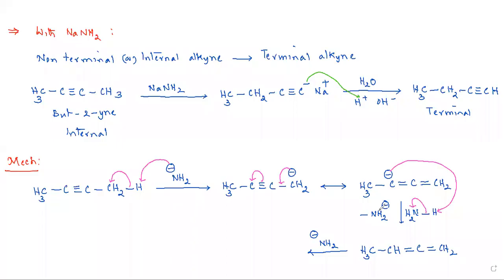In this case, it again abstracts another H plus. Let us take a hydrogen out. Now this NH2 minus abstracts H plus. Okay. Then CH3, CH, double bond C, this, and then CH minus.